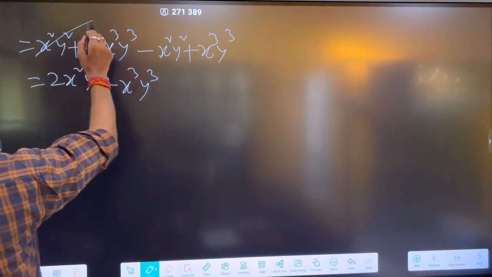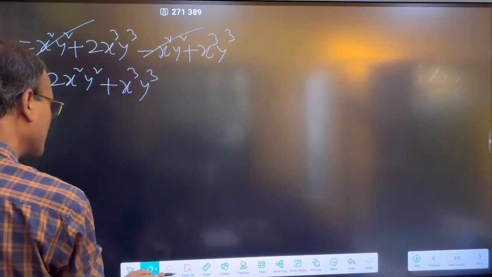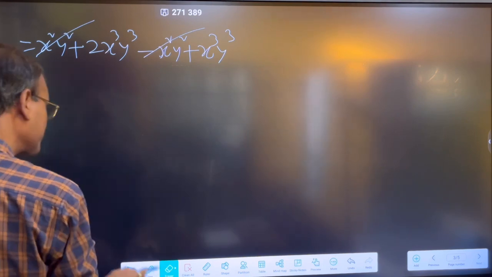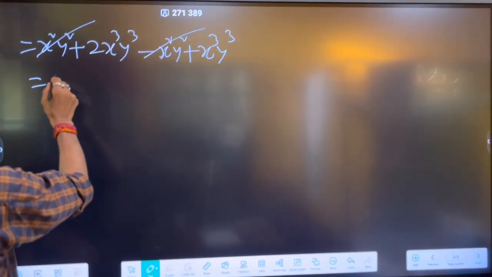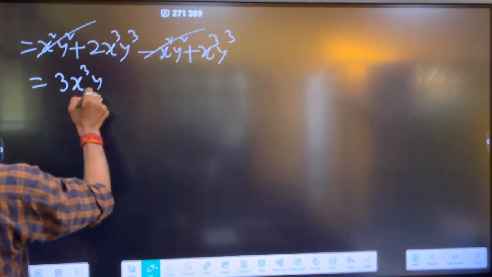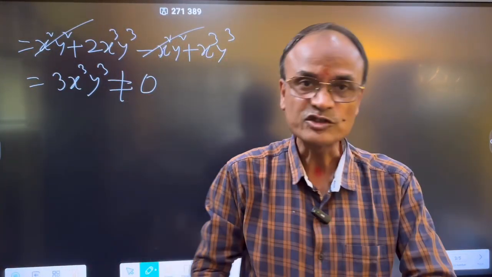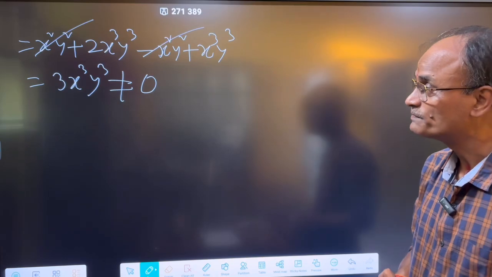Now these two terms will be cancelled. And ultimately we will get, this is equal to thrice x cube y cube. Thrice x cube y cube is not equal to 0.